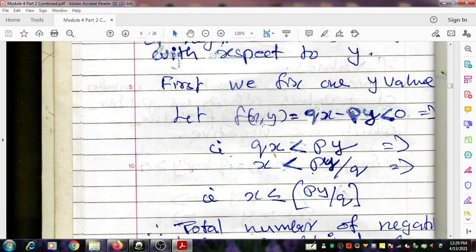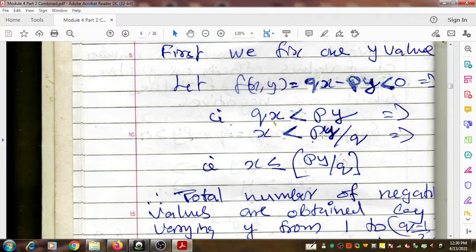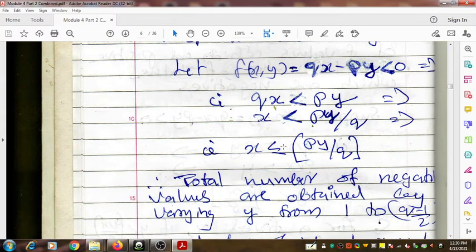Then f of xy, which is qx minus py, is negative, less than 0. So we get qx less than py, and that implies x is less than py divided by q. Here it is correctly written.